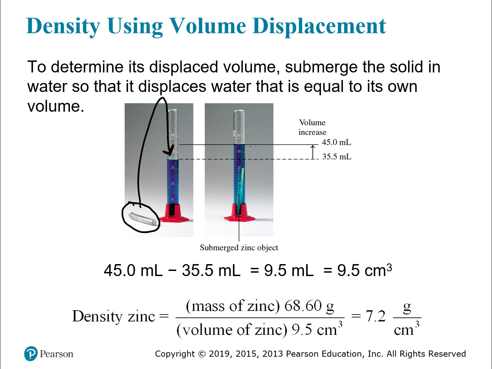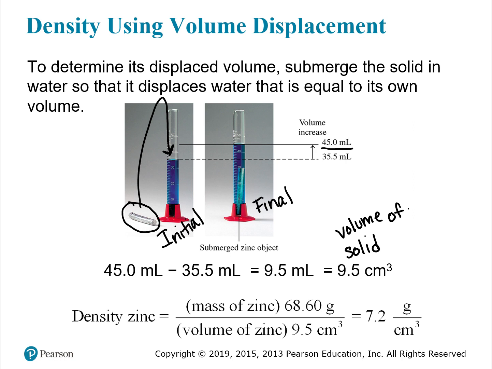You put in the zinc, and now all of a sudden, your apparent water volume is 45 milliliters. If you subtract the difference between the final level and the initial level, then you will end up with the volume of the solid. So that is volume by displacement.